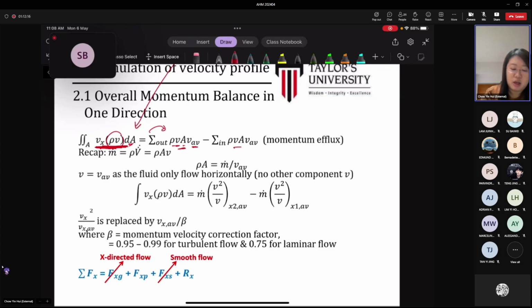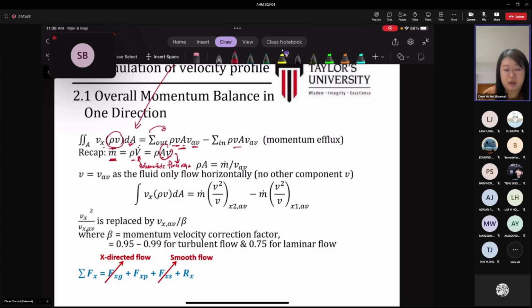Now, if you recall back, okay, we also know that the mass flow rate, all right, is also equal to density multiplied to the volumetric flow rate, right? Volumetric flow rate, all right. And the volumetric flow rate can also be expressed as the area multiplied to velocity.